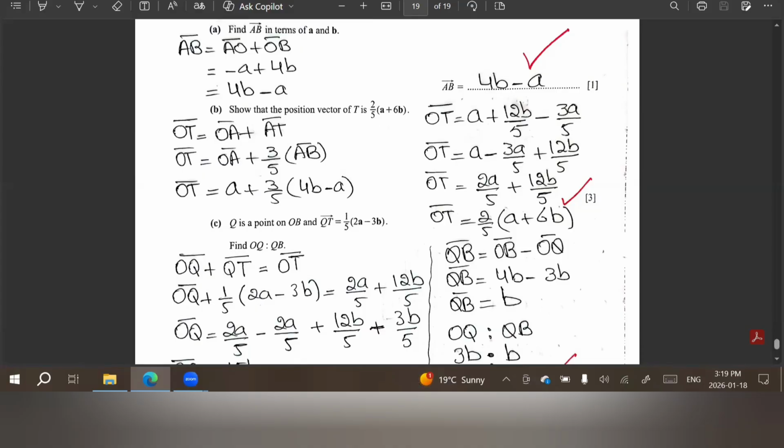You can simplify these two with each other because both of them are A. So you have 5A minus 3A by 5, so that is 2A by 5 plus 12B by 5. So the OT will be, because you can take 2 by 5 common, 2 by 5 bracket A plus 6B bracket close.